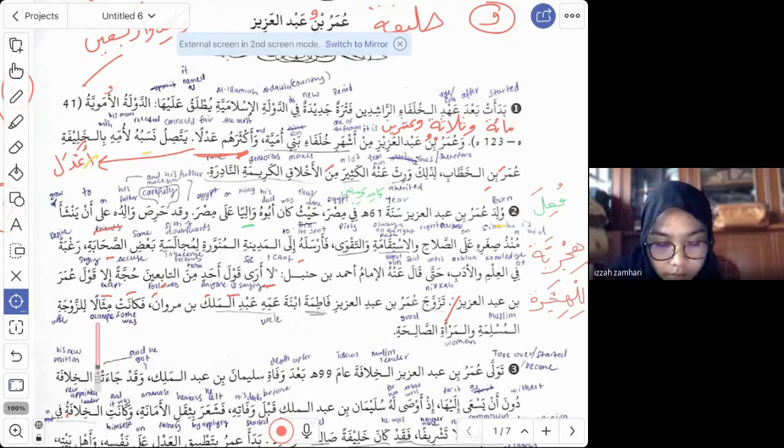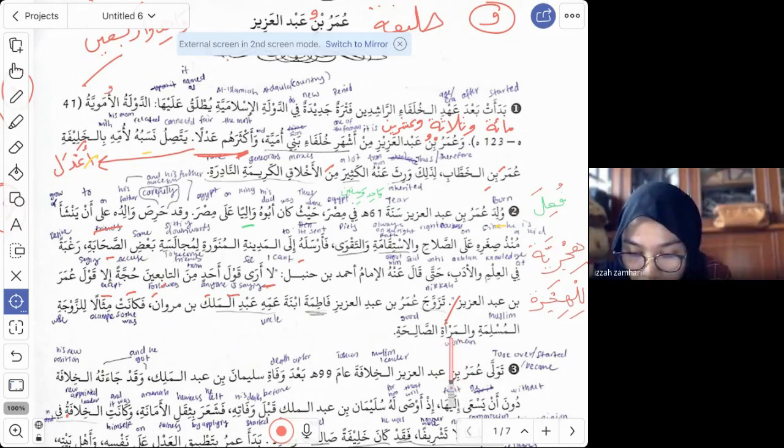Fakanat misalan lizawjati al-muslimat wal mar'ati as-solihati. So tazawwaja means nikah.